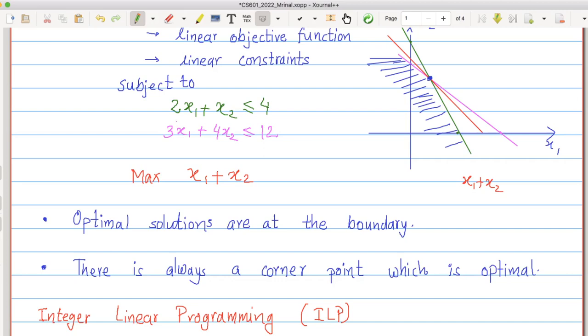So if you want to find your optimal solution, it's enough to just check the corner points. But again, there could be exponentially many corners when you have n variables and many constraints. Yeah, so just checking each corner does not give you an efficient algorithm, right?